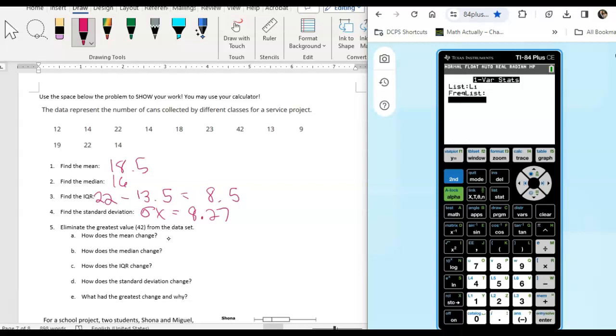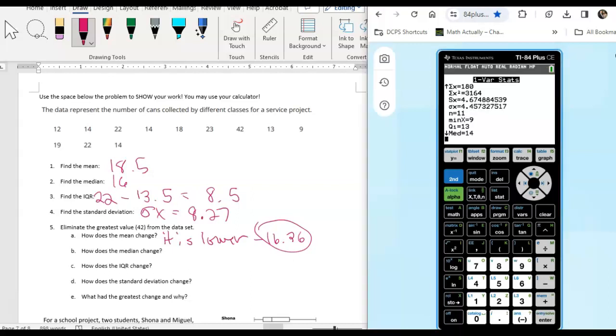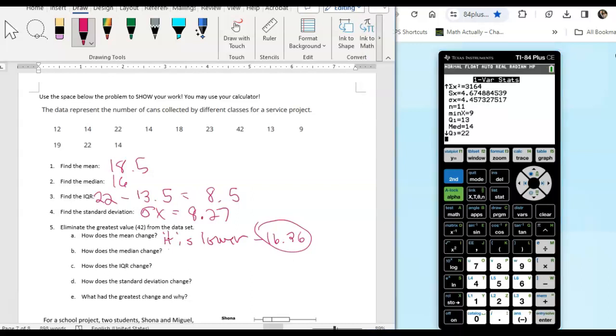There we go. All right, here we go. So now the mean is lower, right? It's now 16.36. And so it's lower than it was before. The median is 14, so it also went down.